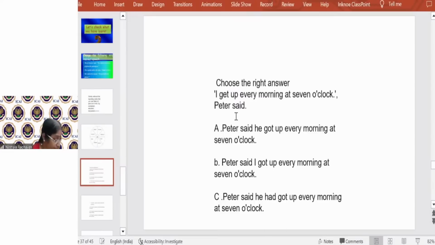This is not in the past perfect. Therefore, it is not C. Now, let me look at B. Peter said, "I got up." I has to change to he, and therefore B is wrong. Now, let me look at the A. Peter said he got up every morning at 7. That's the right answer. You have to do your elimination by cross-checking. This is called critical thinking.